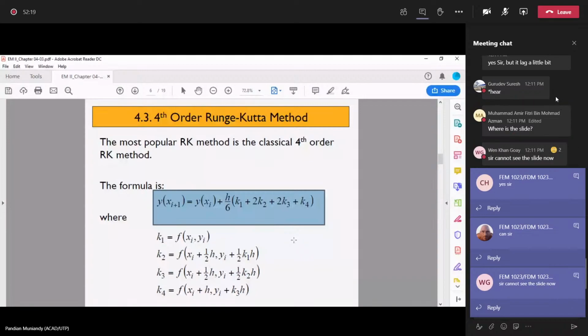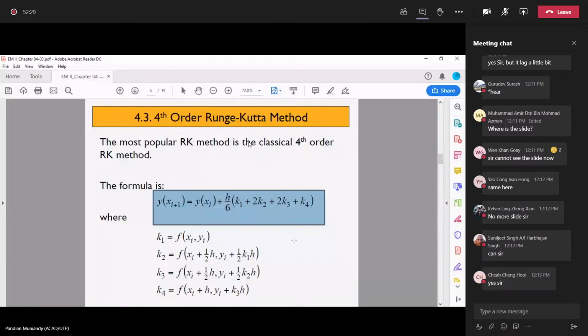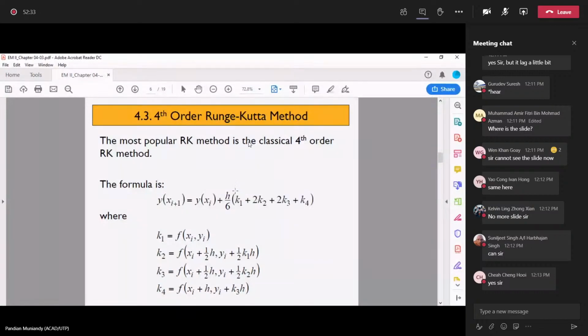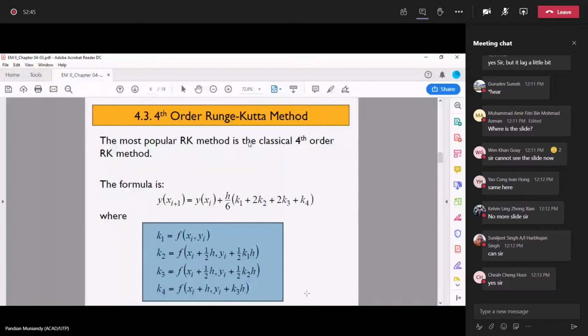All right. So the major problem here is, for the beginners, you have to be patient because you have to calculate K1, 2K2, 2K3, K4. So this one I explain here. You may wonder whether you want to memorize this formula or not. We understand it is very hard to memorize. The formula will be given.